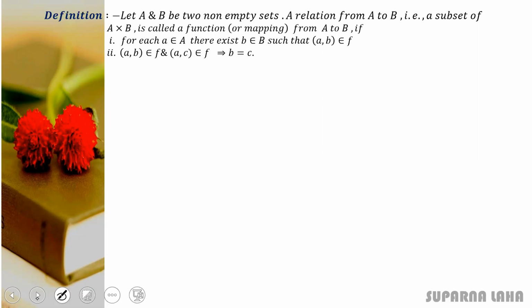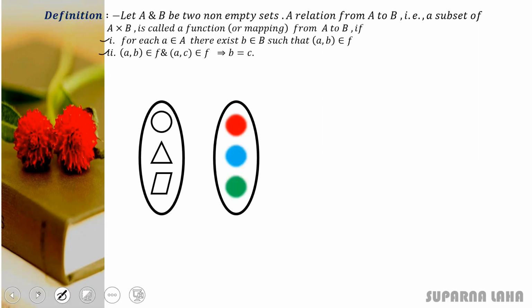Okay, so let's check these two conditions with a simple example that we always take for clearing things. So this is a circle, triangle, parallelogram, and red, blue, green. This is the set A, this is the set B, and F is defined from A to B. Firstly, I'm not writing down A cross B since you already know what A cross B is.